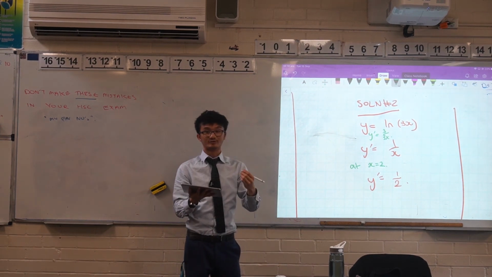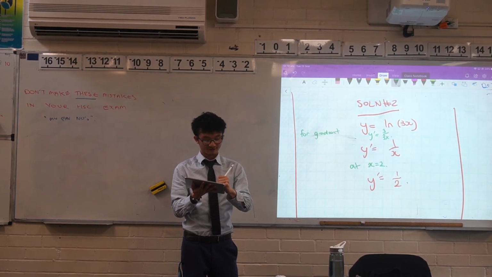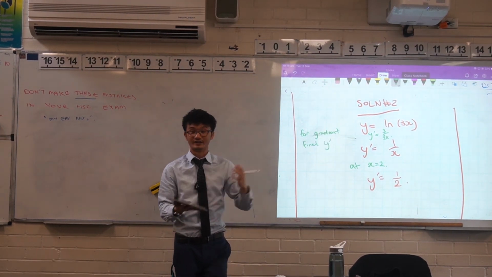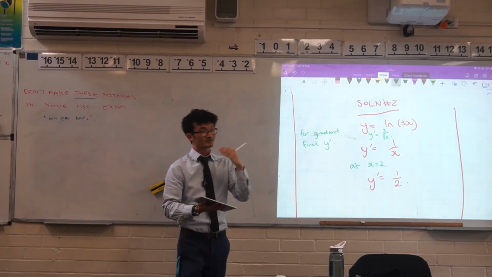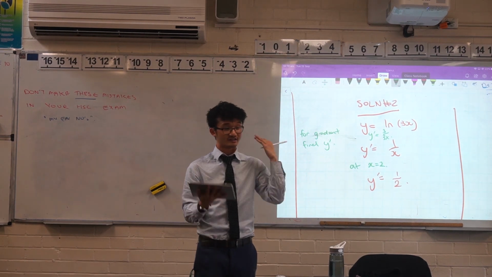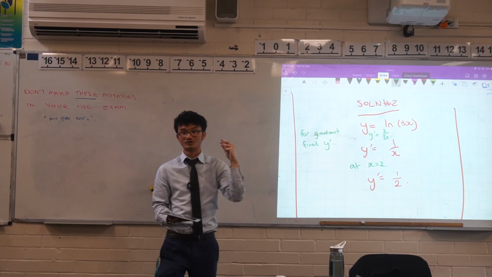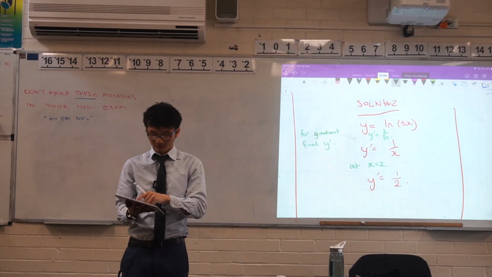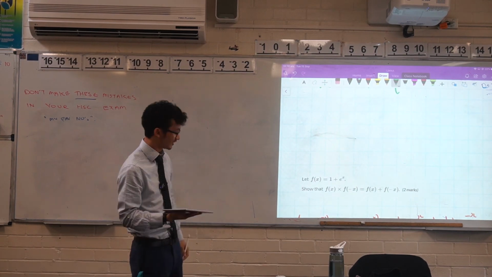But if we're talking about explanation of solutions, what you might want to do is, for the gradient, find y dash or find dy dx, okay? Right? That may seem excessive, but again, I'm talking about what's a good solution here, right? And this is assuming you actually know all this stuff as well, right? So this is stuff you want to focus on once you know your content as well, right? Okay, this is the one I really love. This is a classic. What kind of question is this?